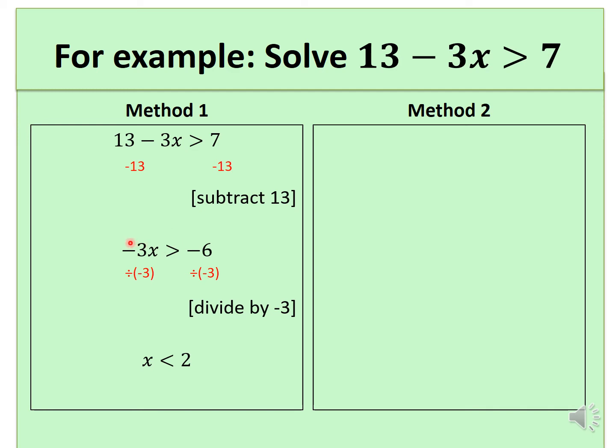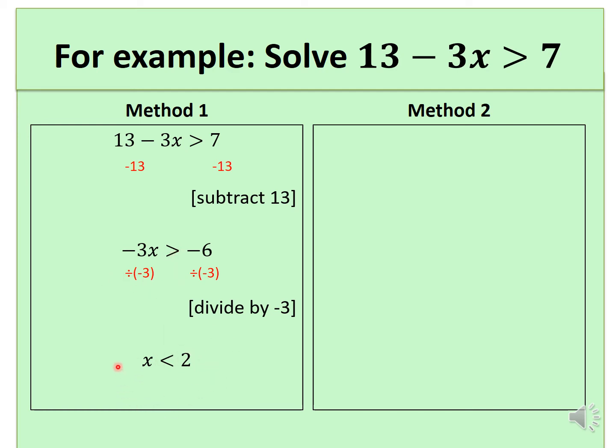So minus 3 divided by minus 3 is just 1, nothing, x. And then minus 6 divided by minus 3 is 2. There's nothing new about that, but the only new thing is that the greater than sign has now flipped. Okay, so that's the only new thing you learn from this slide. When you divide the inequality by a negative number, the greater than sign flips. Okay, so this is our answer.